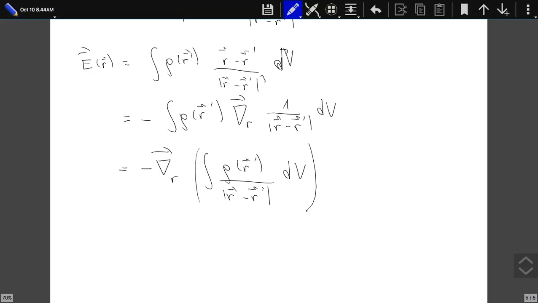Well, the nice thing about this expression is that rho is just a number, and 1 over the magnitude of r minus r prime is just a number, so the parenthesis is just a scalar function, which we will call phi at the point r. This is the electrostatic potential.